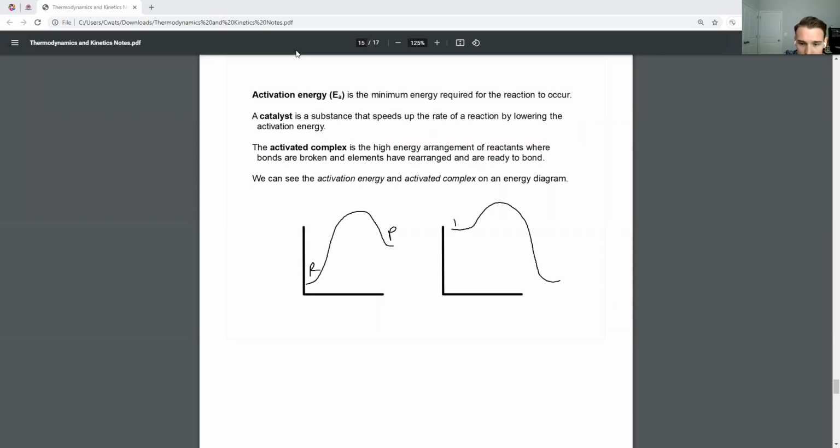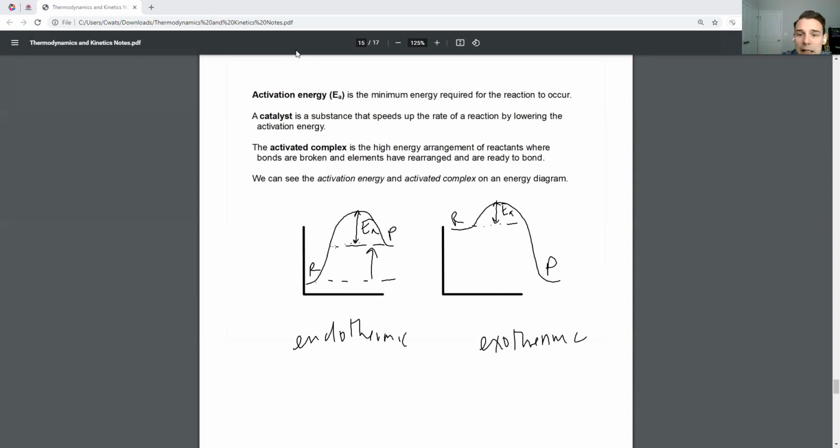reactants, products, this would be endothermic. This would be exothermic. And again, this portion would be the E sub A, which is the activation energy, the energy of activation.